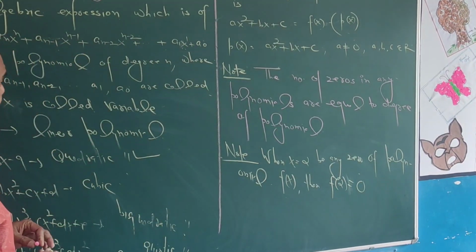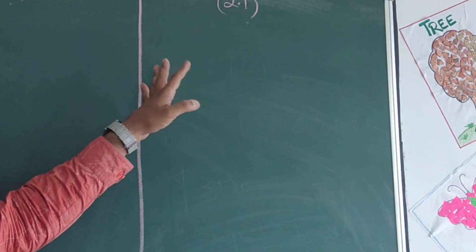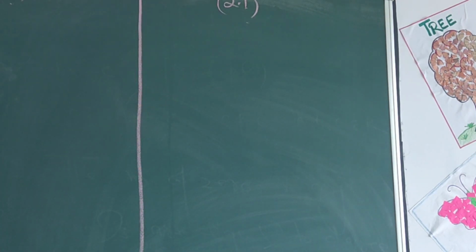So first exercise, in exercise 2.1, we find the number of zeros with the help of graphing.